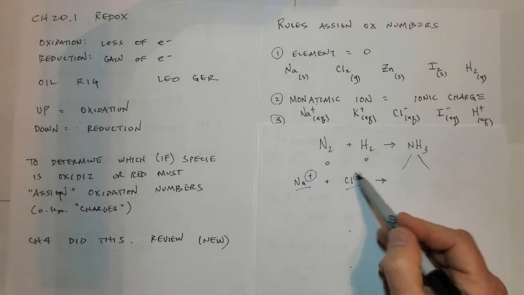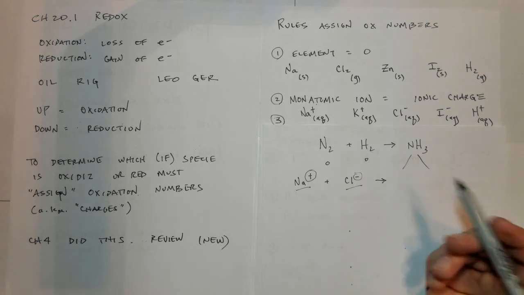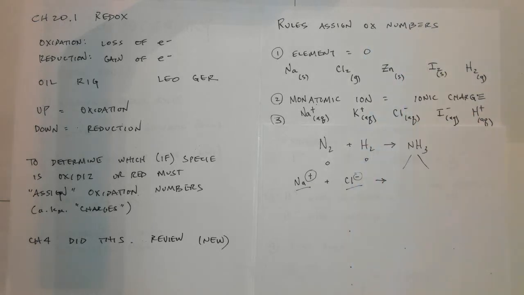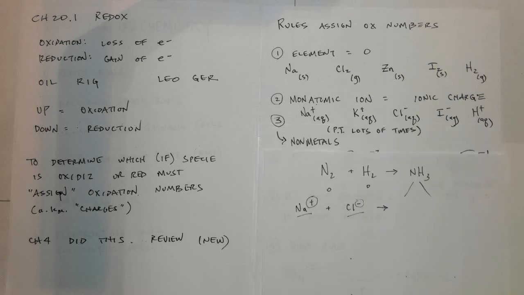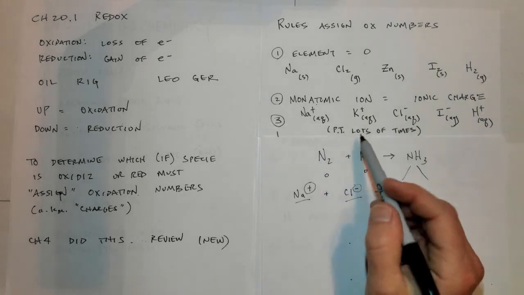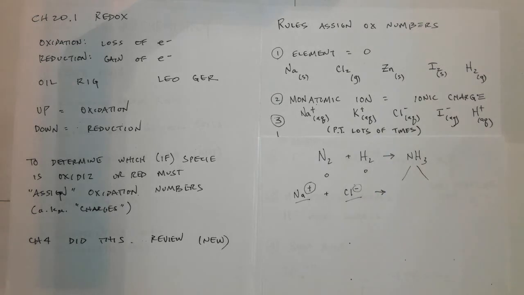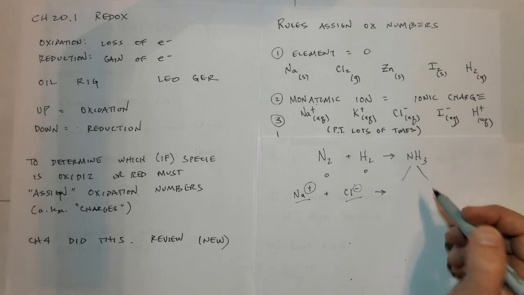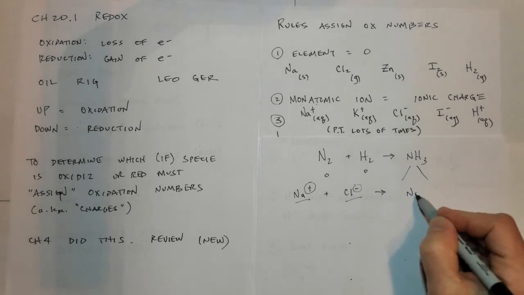So if you see a little charge in the upper right hand corner, that is its oxidation number. Rule number 3 is about nonmetals. In this case, one more thing about rule number 2. Lots of times the periodic table can tell you monatomic ion charges or charges of things inside of a formula.